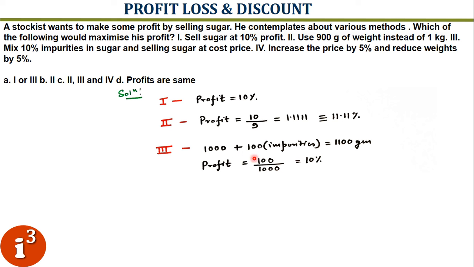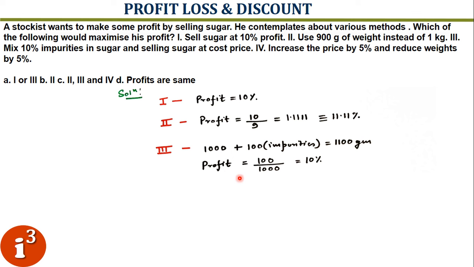So he is selling 1100 gram, but of this 1100 gram, his cost price is of only 1000 gram. So the denominator is 1000 gram. From this 1100 gram, he makes a profit of 100 gram. So 100 by 1000, again a profit of 10%.